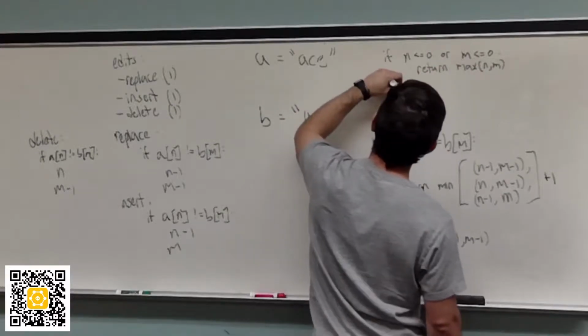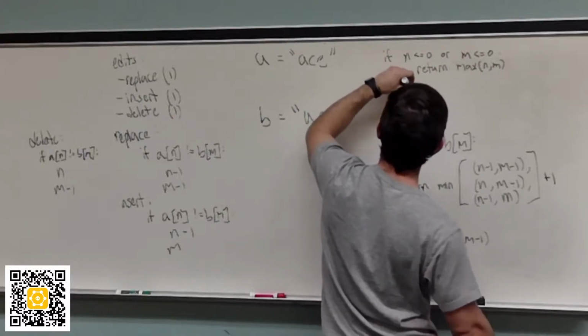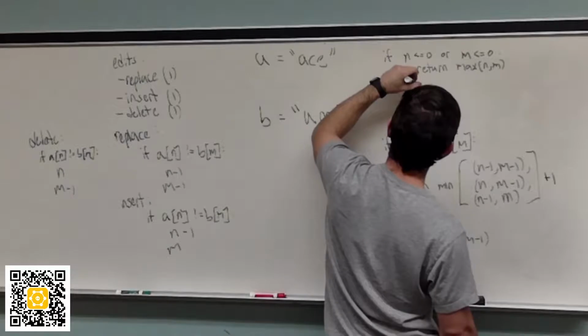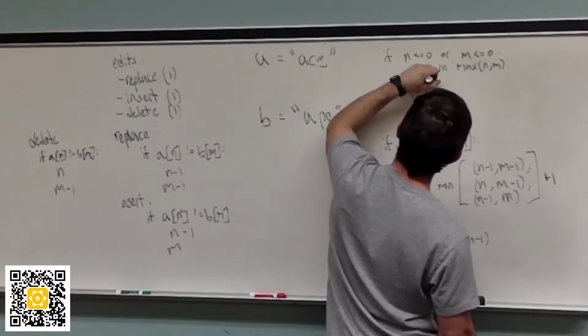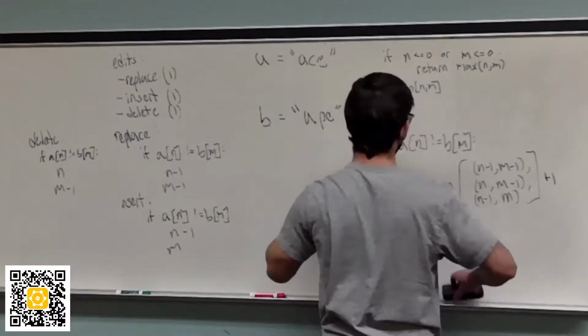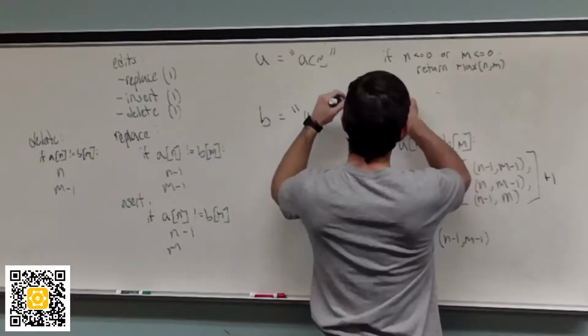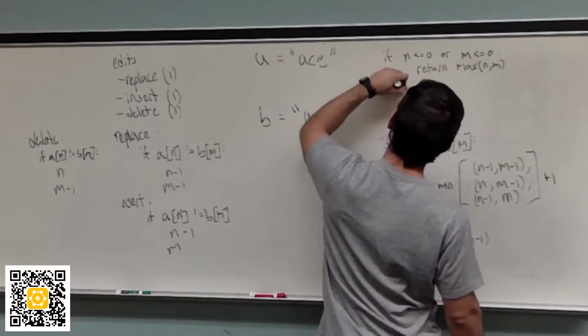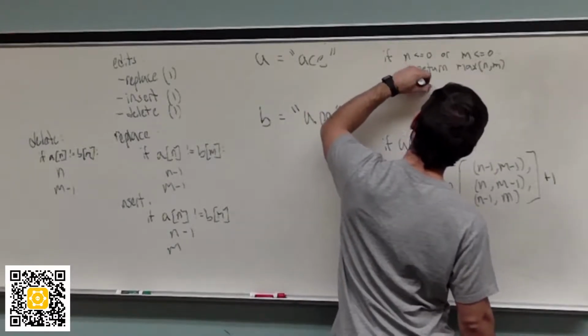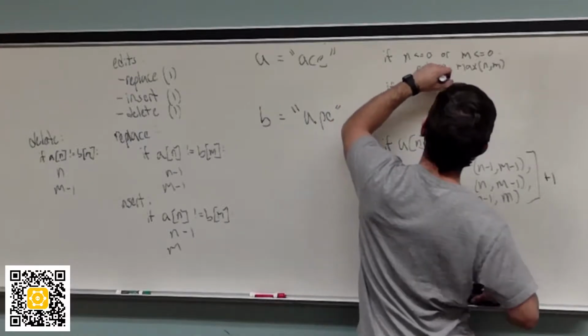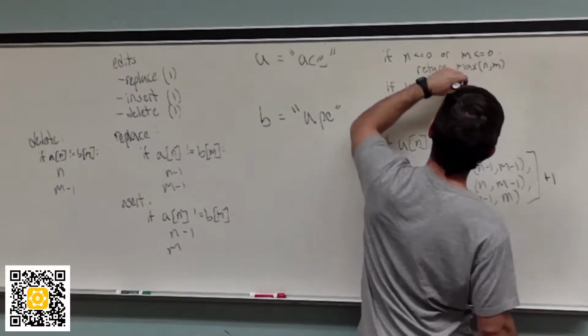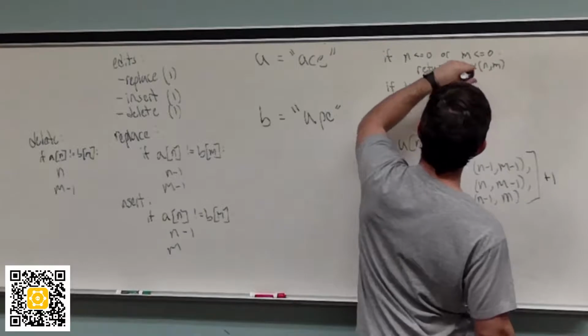And then if in our DP table, or our memoization table, we already solved subproblem n, m, so let's say we initially filled that table with -1s.